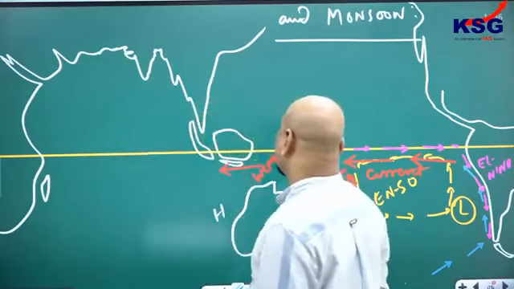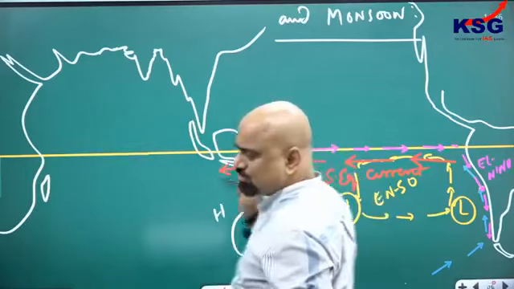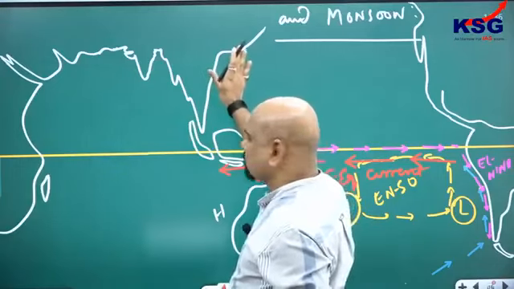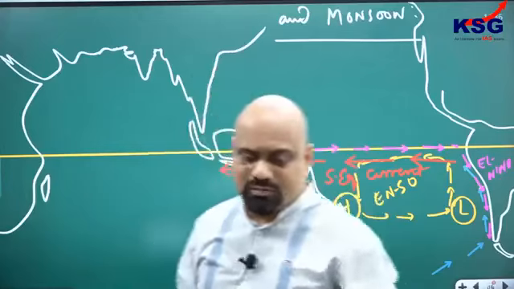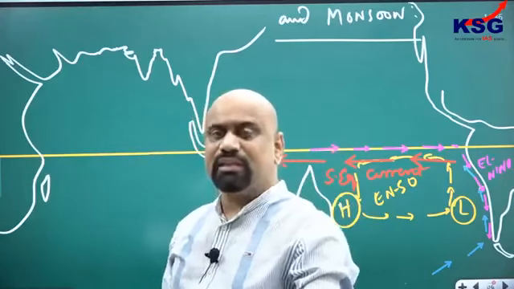Because it became weak, both north and south equatorial currents are weak, so you will not have enough supply of moisture here also, no such supply of moisture even in these regions.